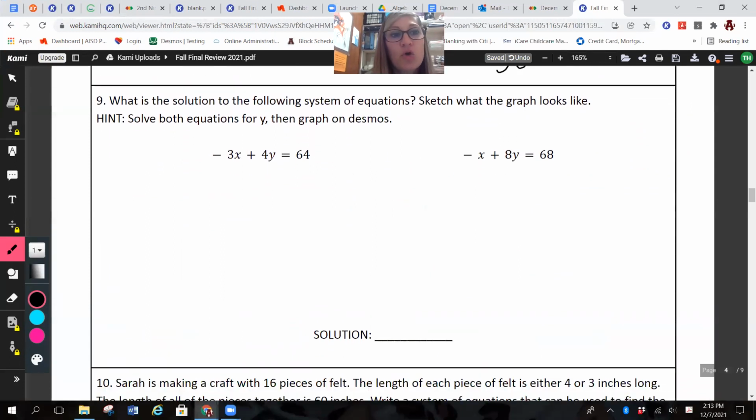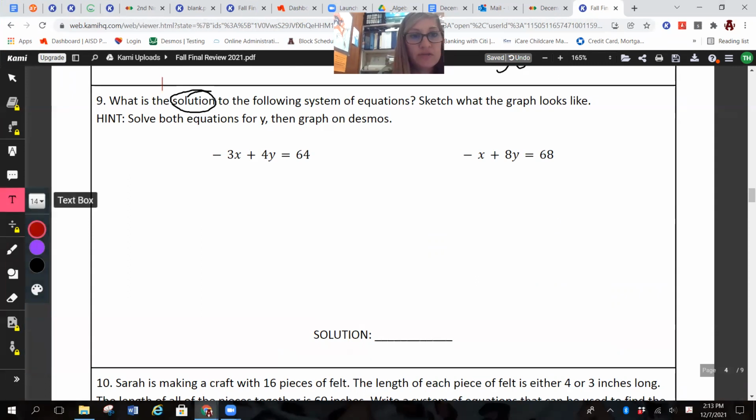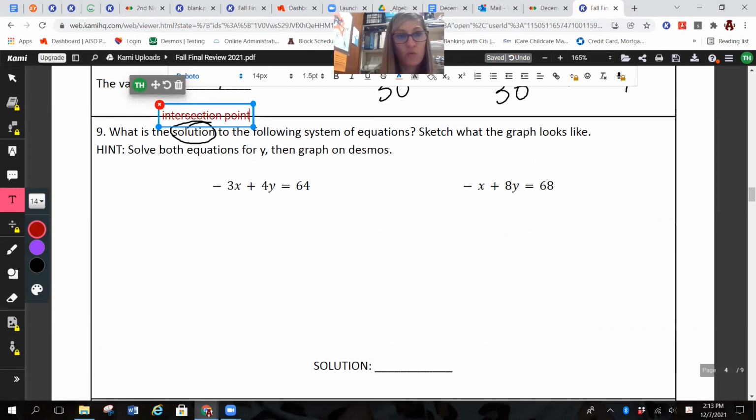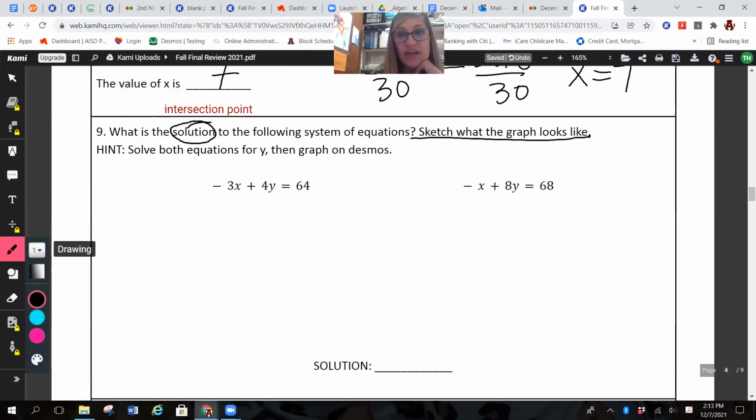Number 9. What is a solution? Again, solution means intersection point. Where does this system intersect? Sketch what the graph looks like. Hint, solve both equations for y, then graph on Desmos. You guys, you don't need a sketch if you're going to graph it on Desmos.